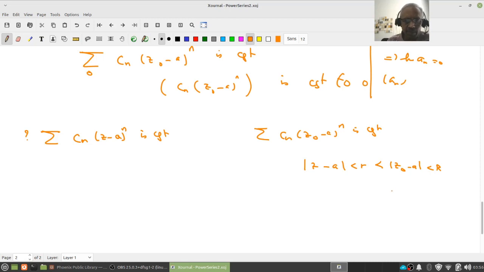So what do I plan to do? I plan to use this somehow. So what I will write is Cn z minus a to the power n as Cn z naught minus a to the power n into z minus a to the power n by z naught minus a to the power n. Can I do that?